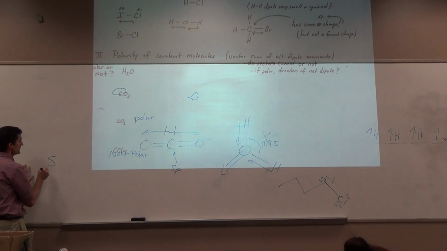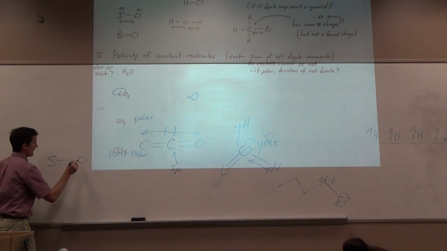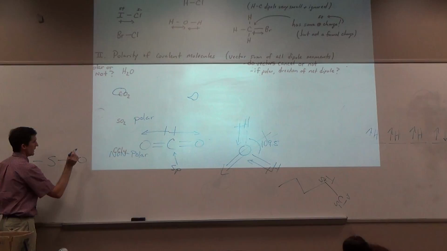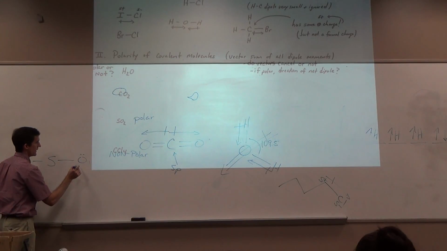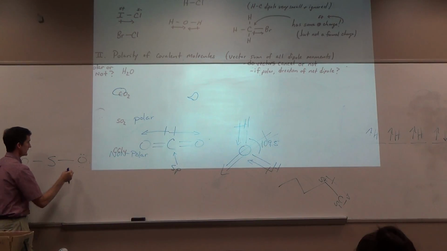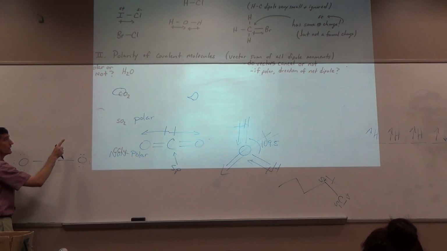I'm going to put sulfur in the middle, oxygen, oxygen. 2, 4, 6, 8, 10, 12, 14, 16. It's only 16, right? How many do we need? 18. I'll put all paired here. There's 18.